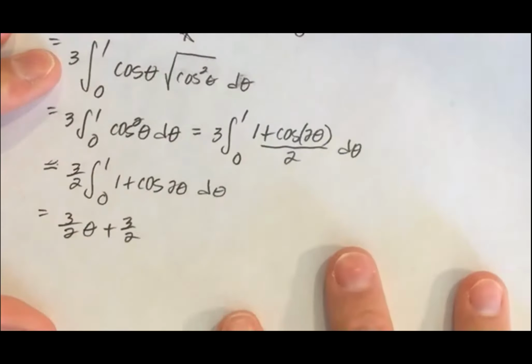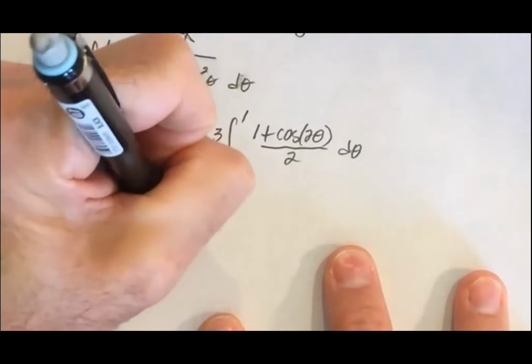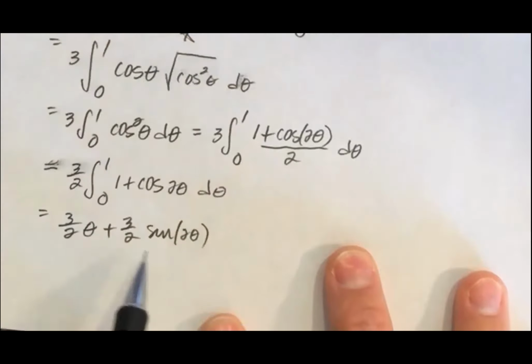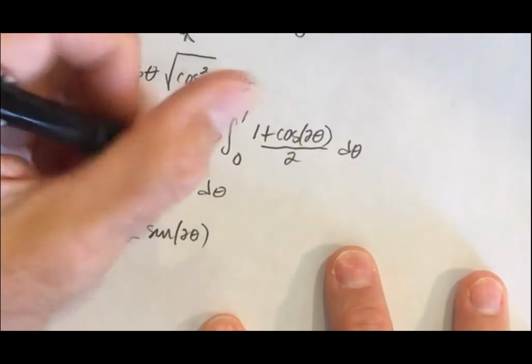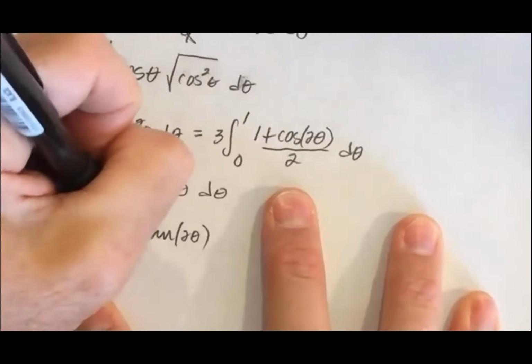Integral of cosine. So some function whose derivative is cosine. Sine, right, of 2 theta. And when I take the derivative, I'm going to get an extra 2. So I'm going to need an extra 2 in front here, so I'll put it with this one.